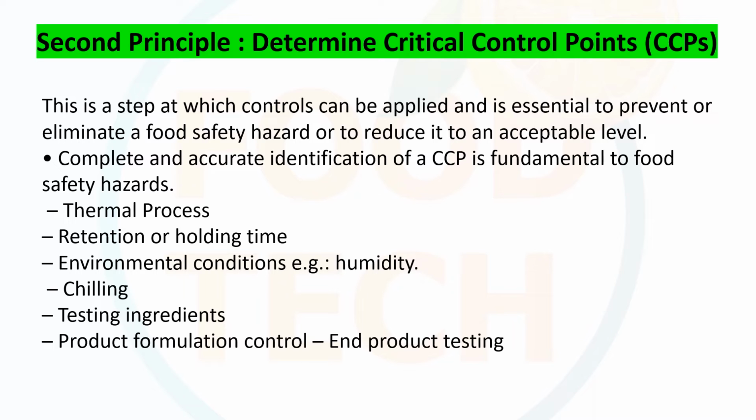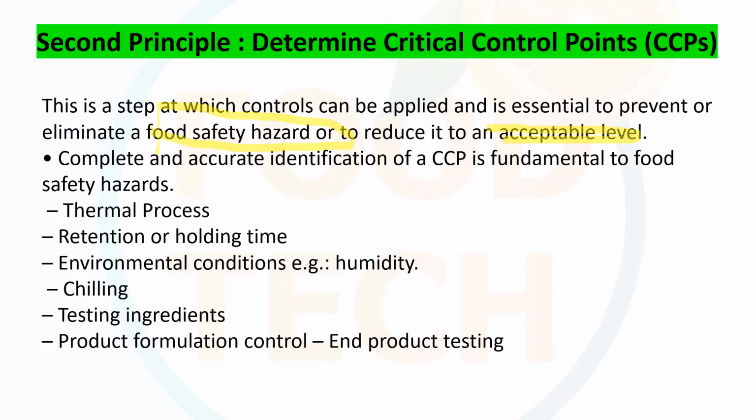In this step we ask what controls can be used in order to keep the food safety hazards, which we already discussed in the previous principle, at an acceptable level. So this is the thing about critical control points.